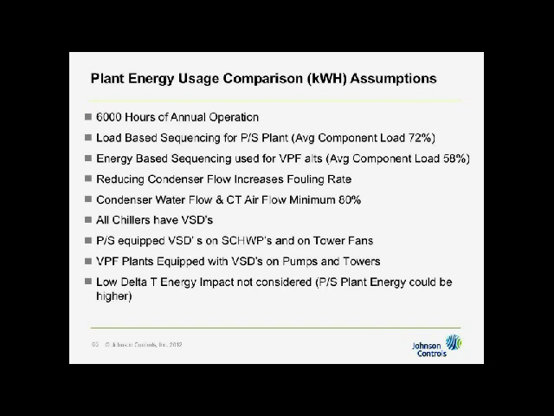As before, all the chillers have VSDs, variable speed drives. The primary secondary system had variable speed drives on the secondary chill water pumps and also on the cooling tower fans. The VPF plants were equipped with variable speed drives on the pumps and cooling tower fans.